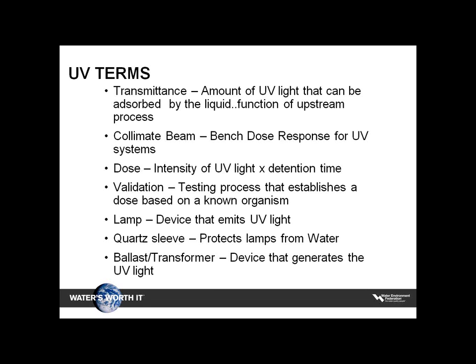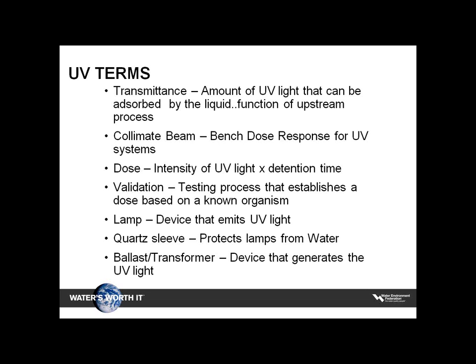And it's typically a function of upstream unit processes as well as further upstream into what's coming from the rest of the wastewater collection system.